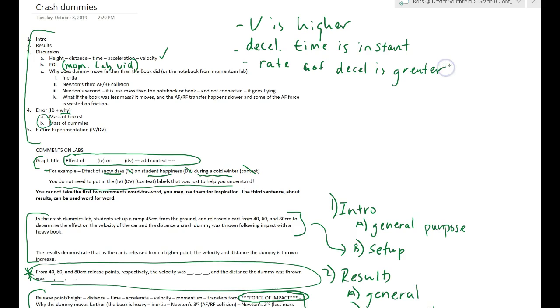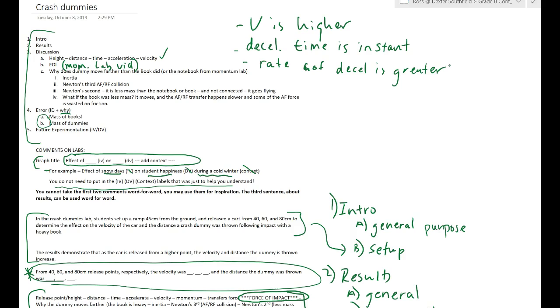So as it's released from a higher release point, the velocity will be higher. As the velocity is higher and the deceleration time is instantaneous, that means that the rate of deceleration, because that initial velocity is now greater, is going to be even higher. So if acceleration has gone up, therefore your force of impact has gone up. This we all proved in the momentum lab.